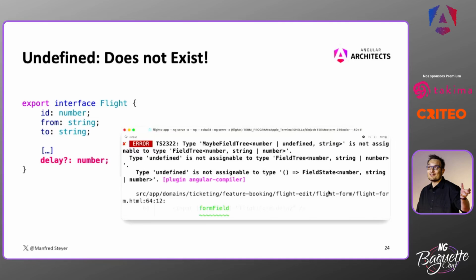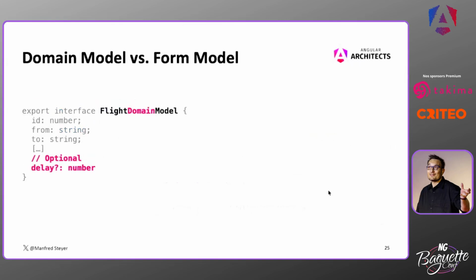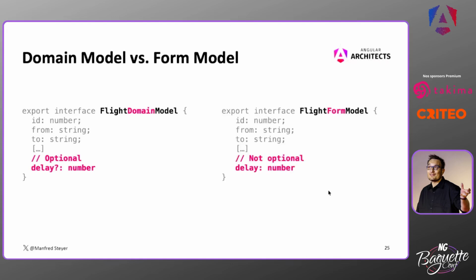So the big question is how to get rid of this error here, and the answer, which really fits well to the idea of architecture and to representing objects at different layers in different shapes, is to distinguish between your domain model and your form model. Your domain model might use optional fields, might use undefined.